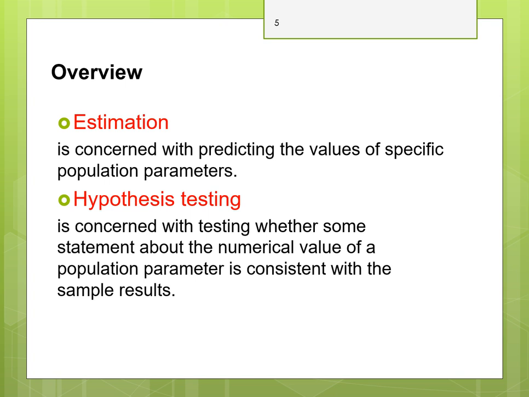But actually, we would need to use medicine A or medicine B on all of the patients. That means every patient needs to take medicine A or medicine B. But that is impossible, right? We cannot find all the patients around the world.